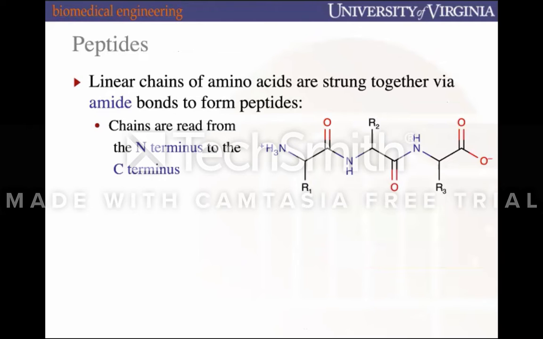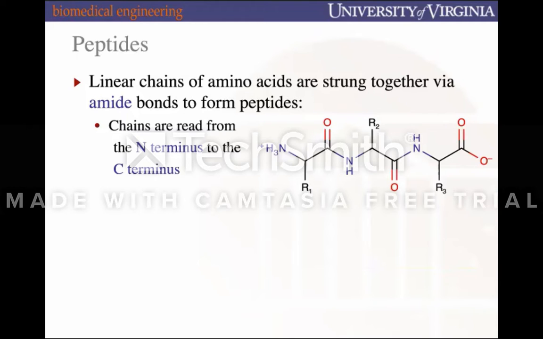And so the way peptides are read is from the N terminus to the C terminus. The N terminus is the amine group, to the left here, and you read it over to the C terminus, or the carboxyl group. So you always want to make sure, and we'll have an exercise later today to illustrate this, that you see the amine group that then goes to the alpha carbon with that side chain R1, and then that goes to the carboxyl group.